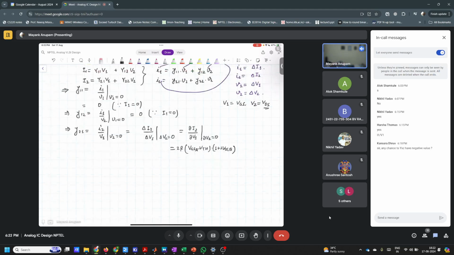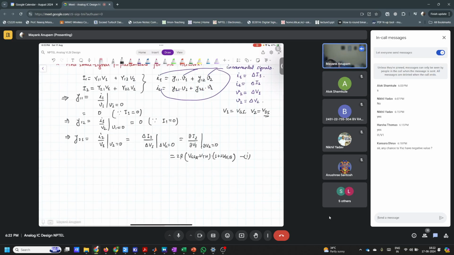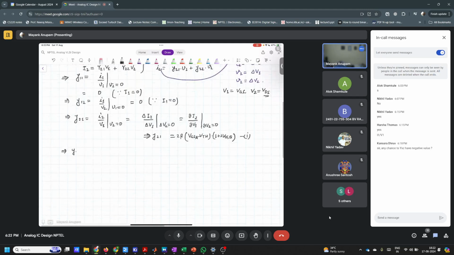All right. So in that condition, what does this become? 2 times, whatever it is. Let's ignore the calculation. This is what Y21 is. Okay. Now what is Y22? It is I2 upon V2 when V1 is equal to 0. Same thing, right? So this is again delta I2 upon delta V2; let me just write it directly.